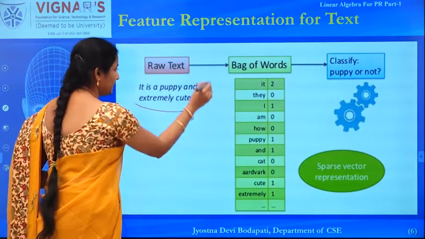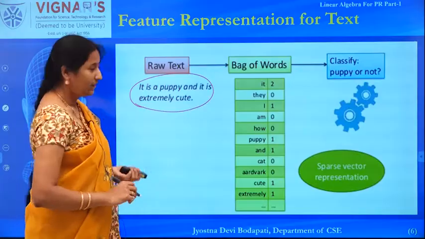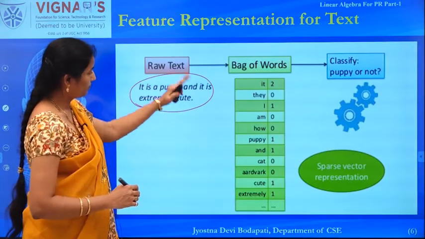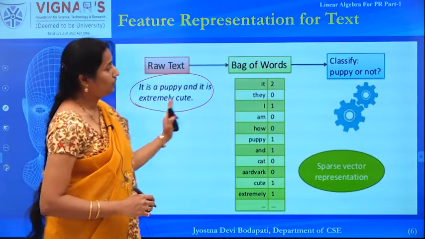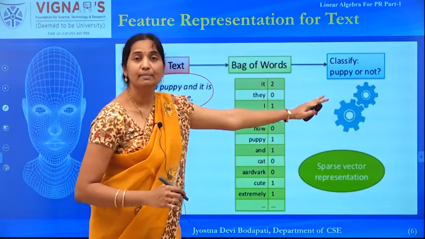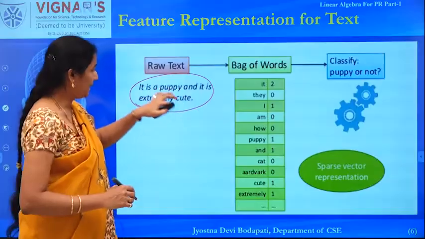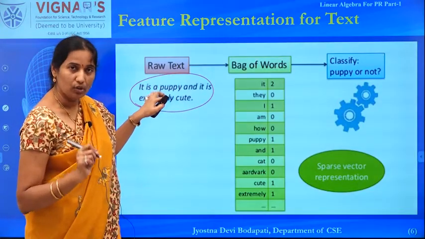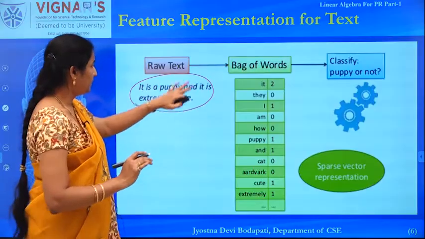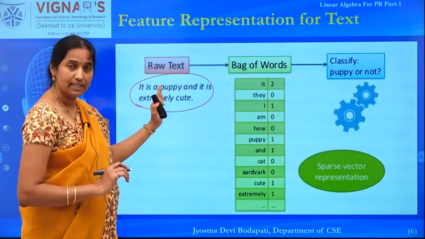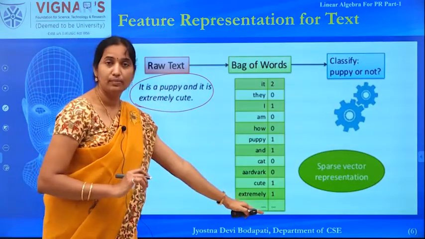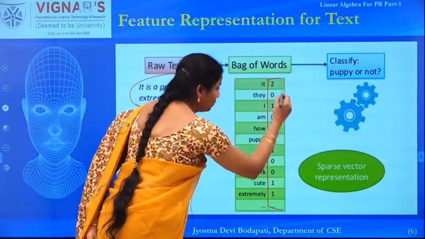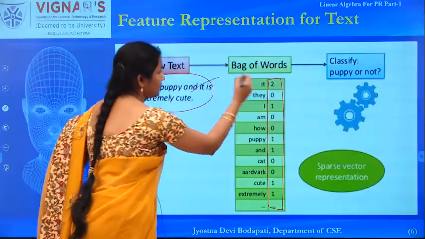This is the text data that is collected, and here the task is, given this text data, to classify whether it is about a puppy or not. That is the tag: whether the text is talking about a puppy or not. In this task, this raw text has to be converted to some numerical form. Here these are the set of numbers that are used to represent this text data.